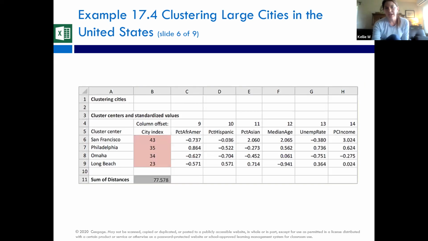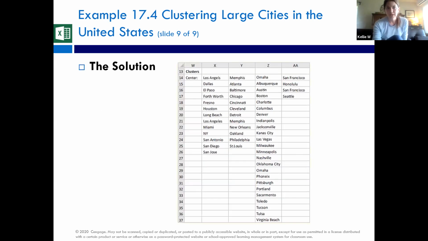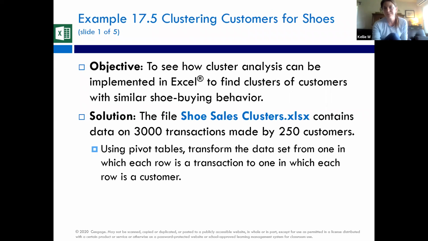Anyway, it walks through the whole thing, and then it ends up assigning all of these cities to cluster centers, based on the smallest distance. The whole point of the k-means clustering algorithm is to calculate minimum distances from each point to its cluster center. So it's figuring out where those centers are so that all those distances are minimized in total. Then you get this solution. It comes up with these 4 centers and then the cities associated with them.